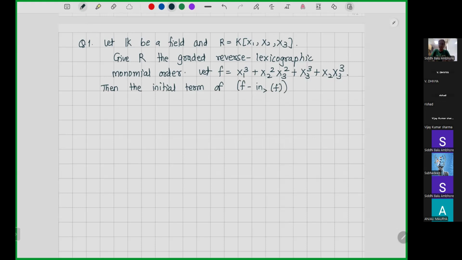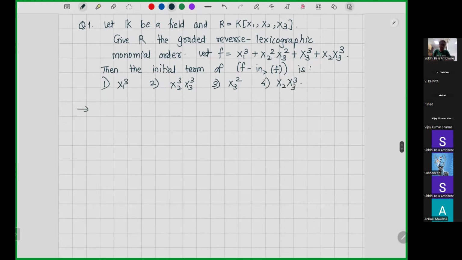Now this term is actually a monomial, and F minus that term again gives me a polynomial. So they are asking us to give the initial term of this new polynomial, F minus initial term of F. And they give these options: the first is x1 cube, the second is x2 cube x3 cube, the third is x3 square, and the fourth is x2 x3 cube.